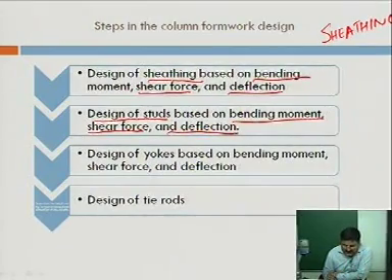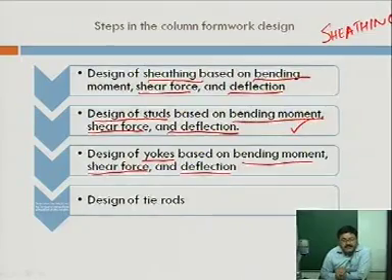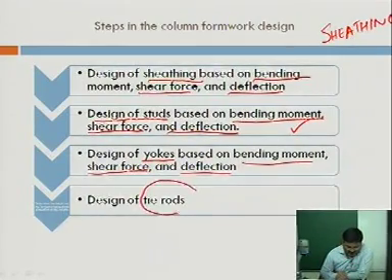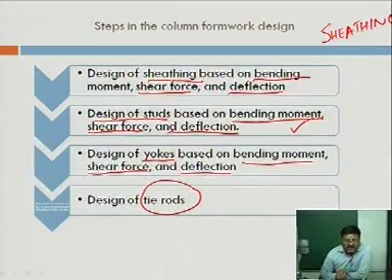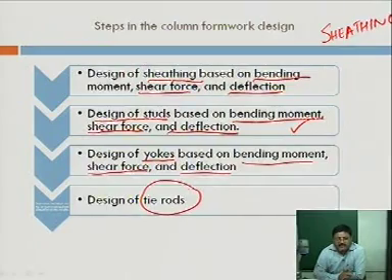Choose the minimum spacing. Once you have designed these studs, then you move on to design the yokes, again based on bending moment consideration, shear force consideration, and then deflection consideration. Then once you have designed the yoke members, you go to the design of tie rods. So, in a nutshell, these are the steps that are followed, which you might have noticed are more or less the same as in the case of wall formwork design or foundation formwork design.